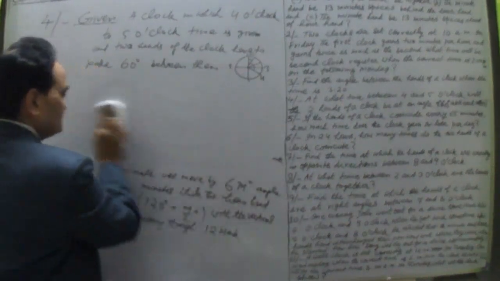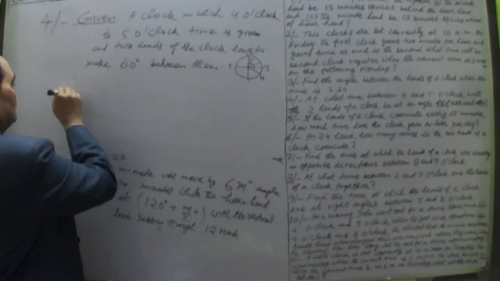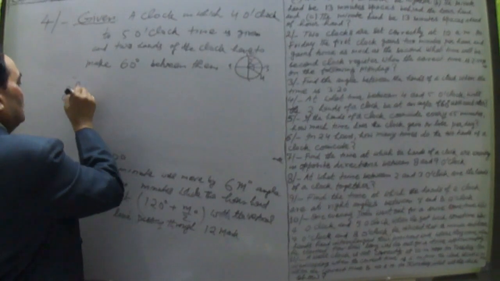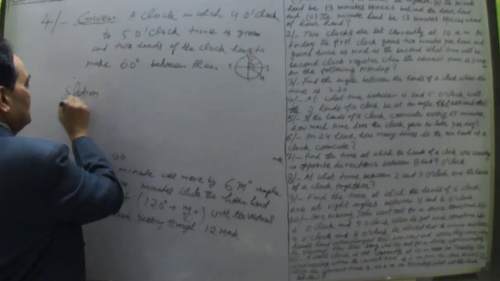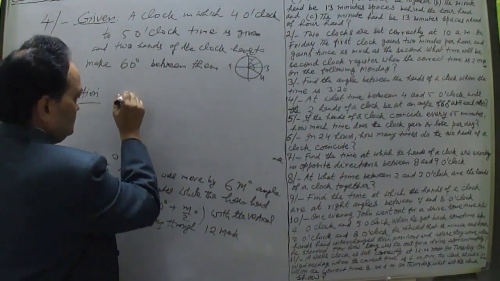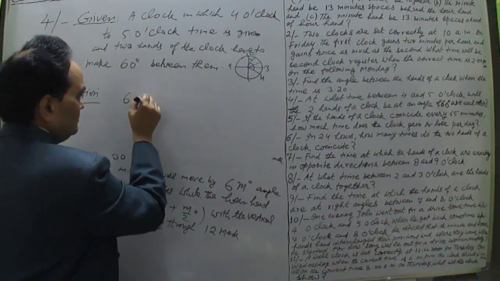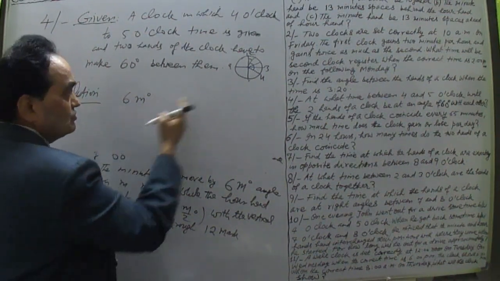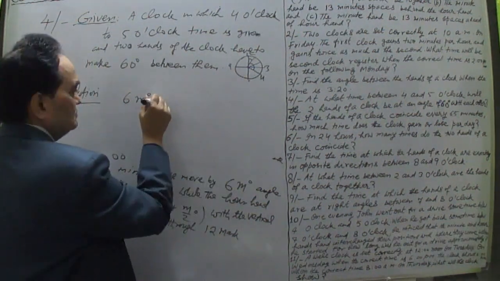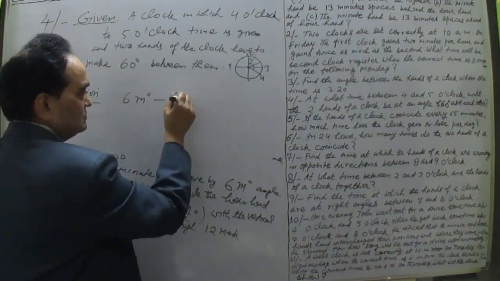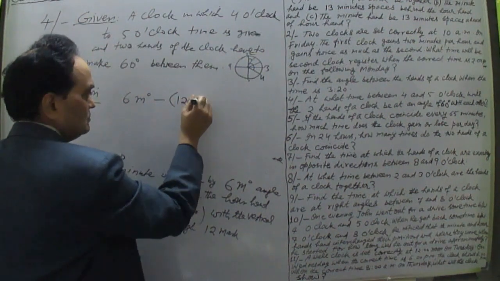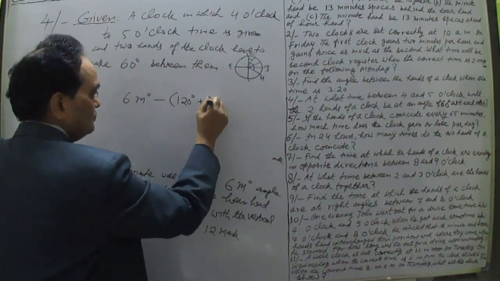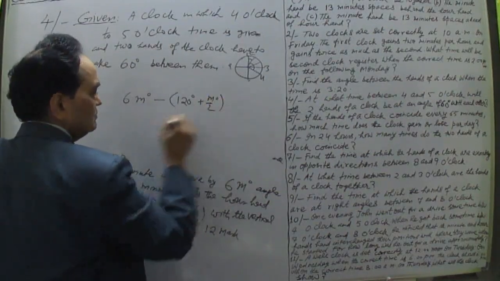Now those two equations can be here. Now this 6m degree is the angle made by the minute hand. This minute hand has maybe gone ahead of the hour hand, which is 120 degrees plus m upon 2 degrees.